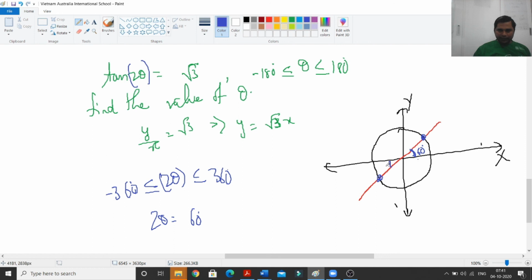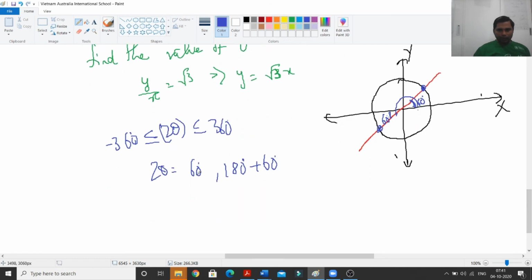If this is 60, this has to be 60, right? And if this 60, the total angle will be 180 plus 60. Okay, so this is what we got: 60, 180 plus 60. The other angle, let's find out the clockwise angle, negative angle. So this angle, the total angle is minus 180 and this is minus 180 plus 60. So minus 180 plus 60, right? Because we know this angle is 60, this will be 60. This angle will be minus 180 plus 60.